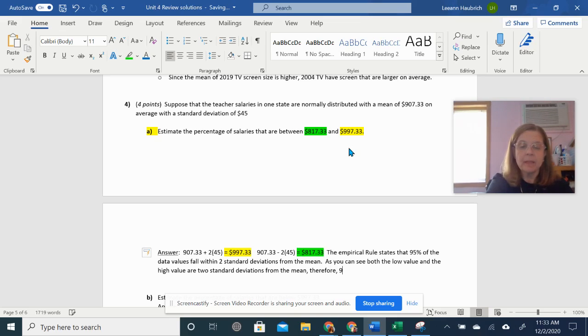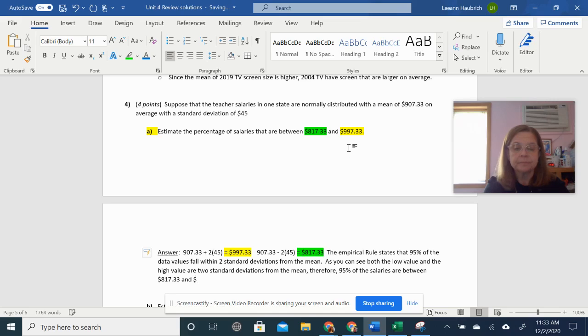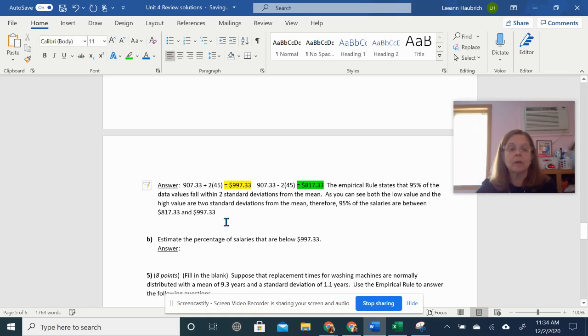Therefore, 95% of the salaries are between 817.33 and 997.33.